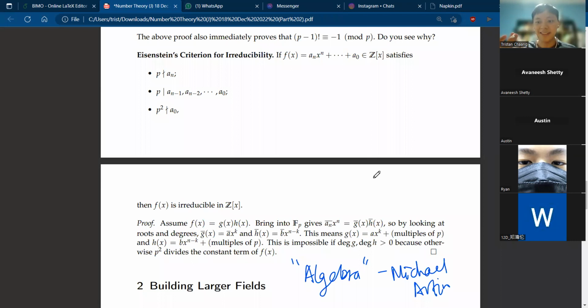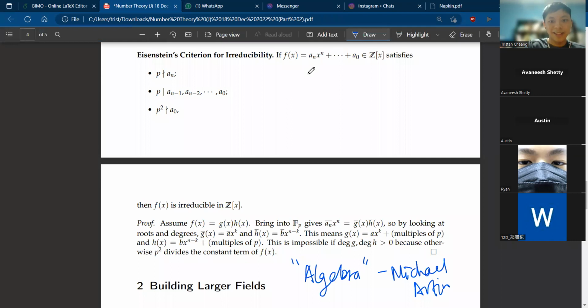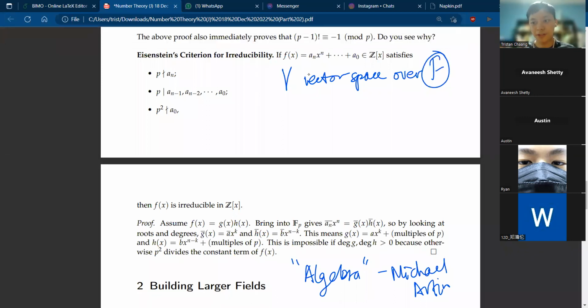This scalar is referring to an element of some field. So I'm just going to write this down because it's quite nice. So V is a vector space. But when you say vector space, you must say a vector space over something. And this set will be the set of scalars. And we always require it to be a field.